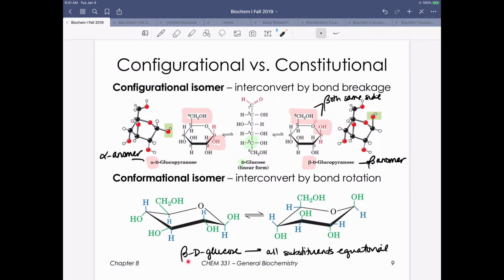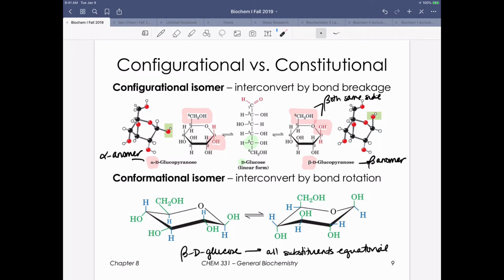So what's really neat about beta D-glucose, having this hydroxyl group in this position, is we can have a conformer that puts all of the bulky substituents in equatorial positions. If we chair flip, remember when you chair flip, we have an equatorial substituent that now becomes axial.